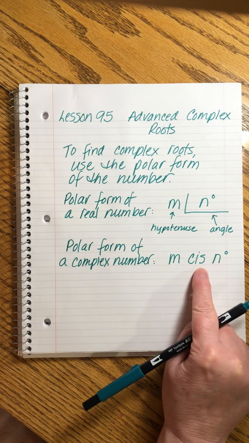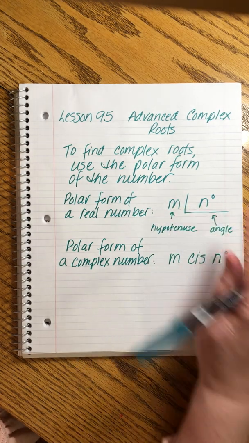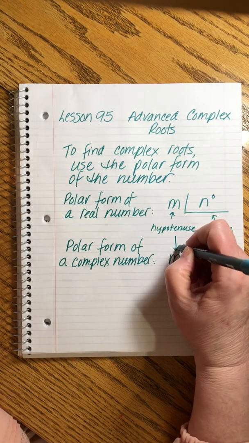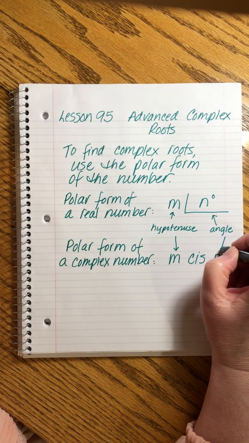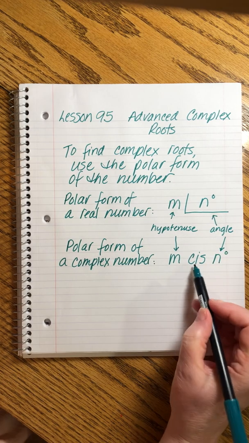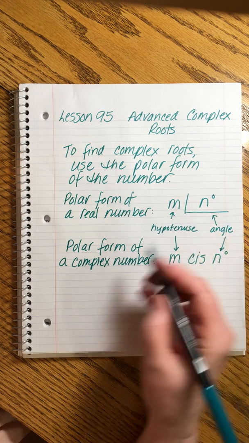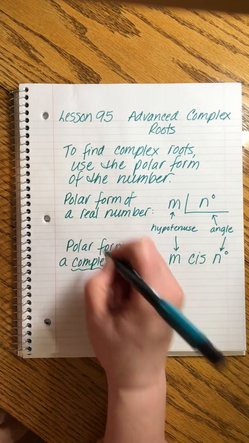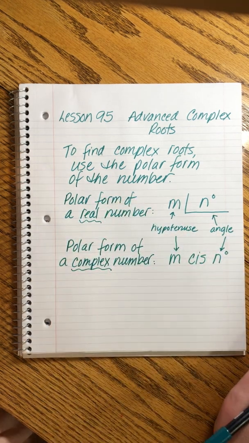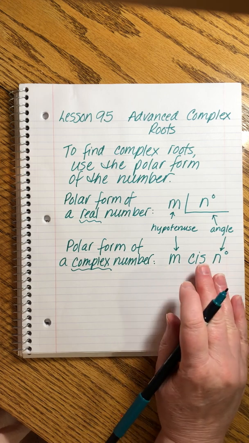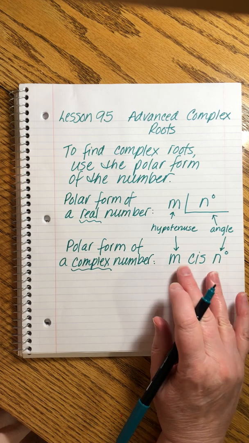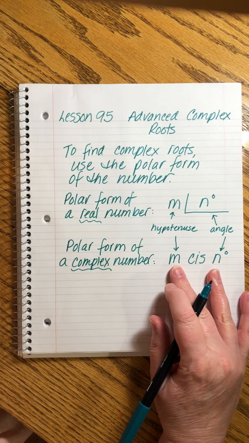This is like a shortcut. It works exactly like this. M is still the hypotenuse, n is still the angle. We just use this notation instead of this one to remind us that one is a complex number and one is a real number. Okay, so we'll be trying to get our numbers into this form.